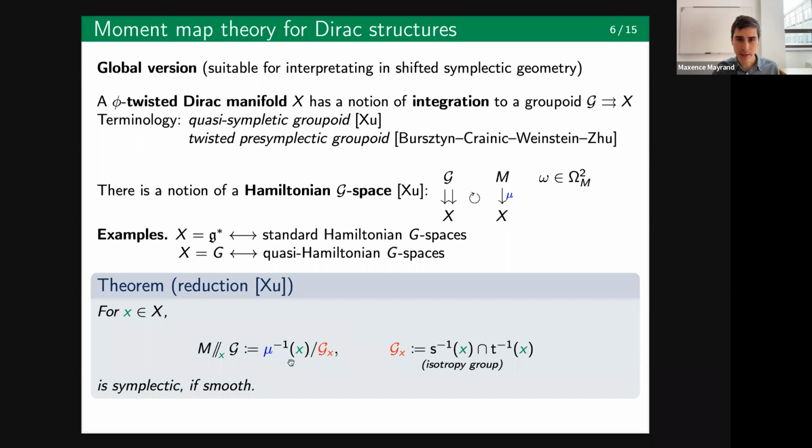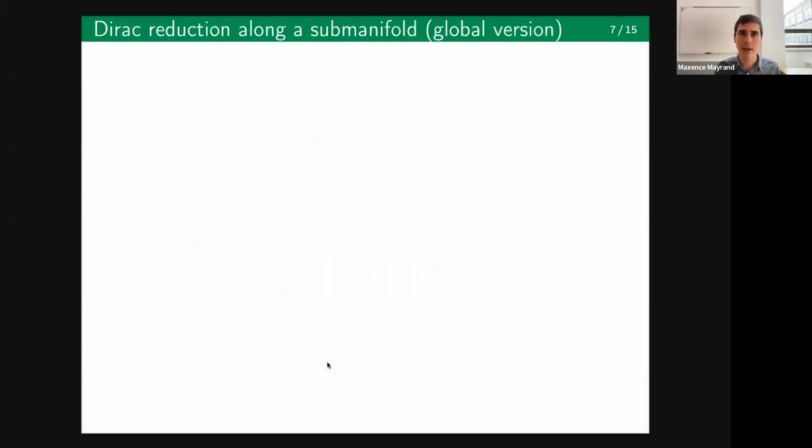And the idea is to replace this x here, the singleton in X, by a submanifold S, which will produce a canonical subgroupoid over that submanifold S, so that the quotient is a symplectic homogeneous Dirac. So that's the notion of Dirac reduction along a submanifold.